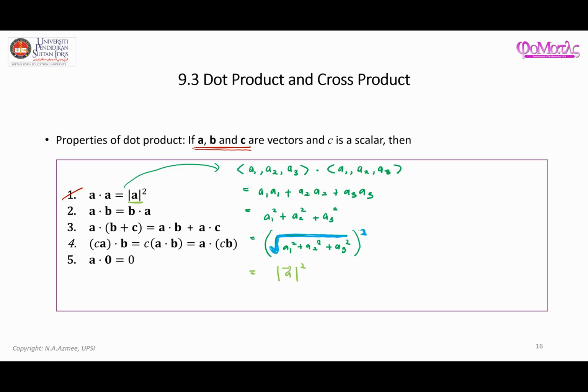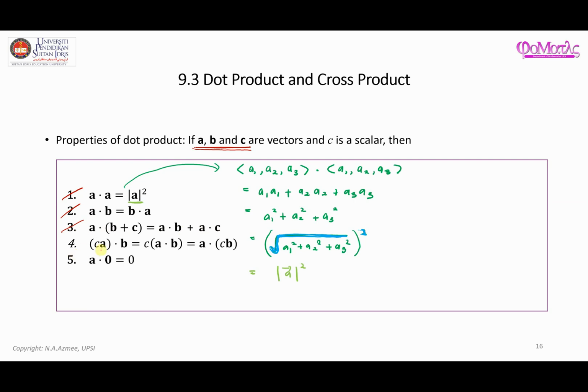Now let's look at the next properties. This is the commutative property: if you have vector a dotted with vector b, you can switch the position, b dotted with a, and you get the same result. This one is distributive: a dotted with b plus c is the dot product of a and b plus the dot product of a and c.